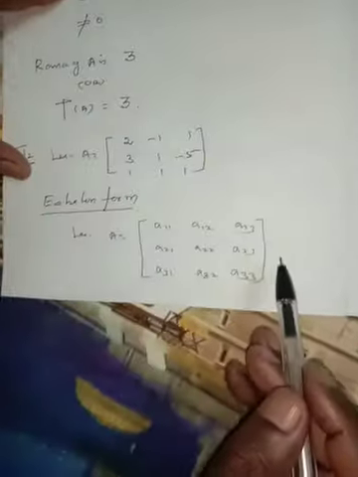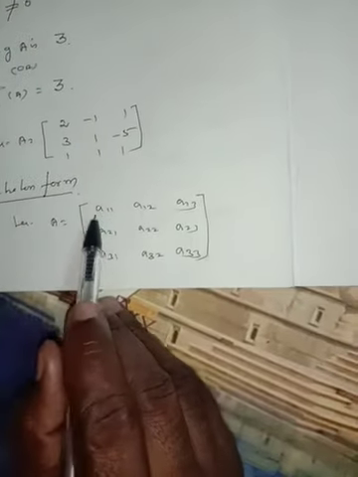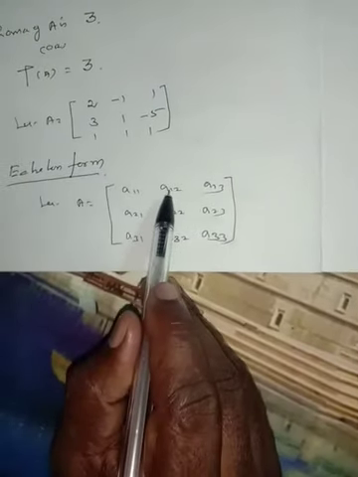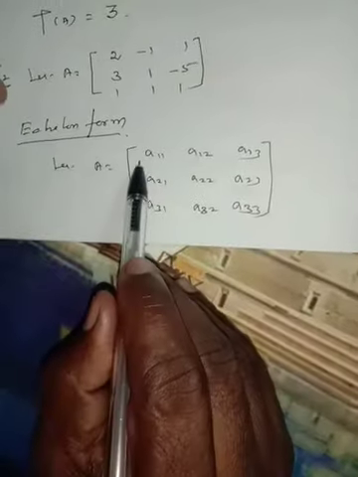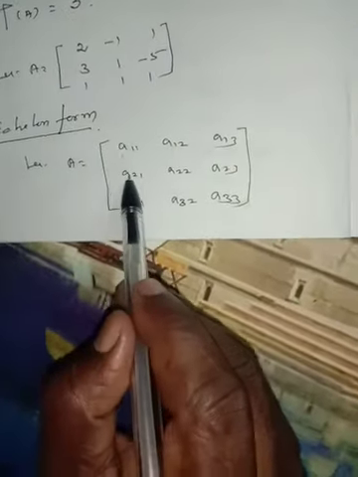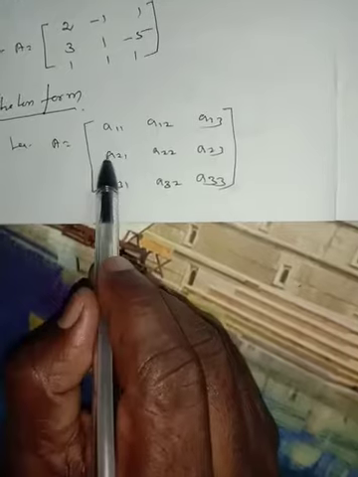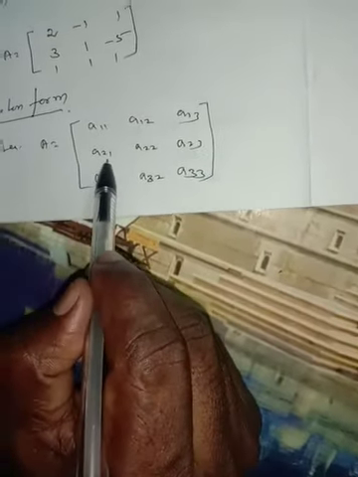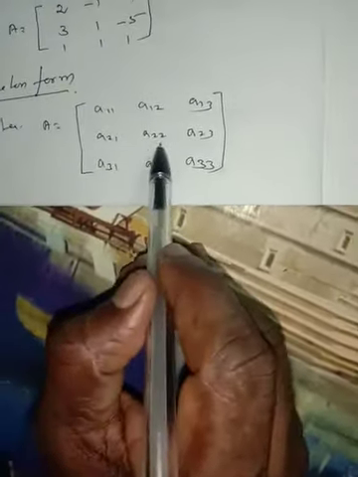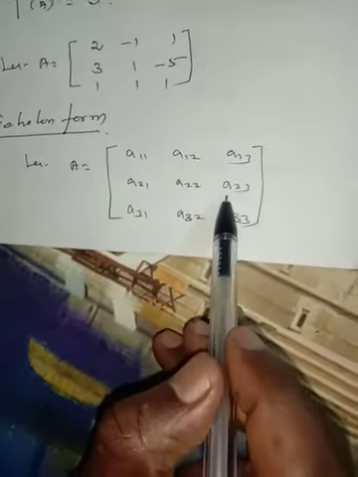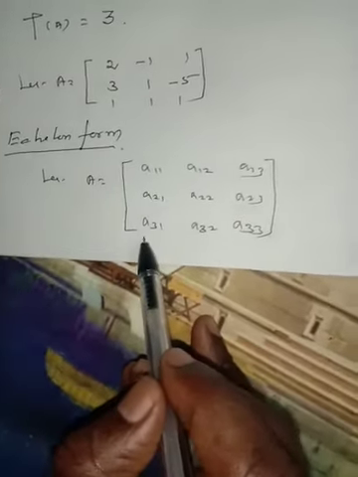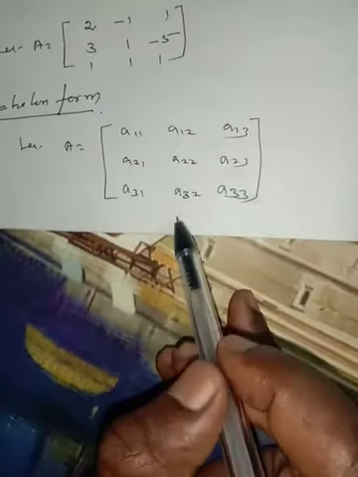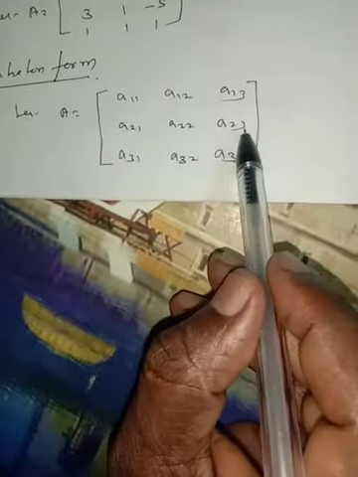Next, the column wise changing: C1 minus C2, or C2 minus C3, or C3 minus C1, any one. Or adding rows or columns. Suppose adding the rows, first and second: A11 plus A21, A12 plus A22, A13 plus A23. Suppose the second and third: A21 plus A31, A22 plus A32, A23 plus A33.